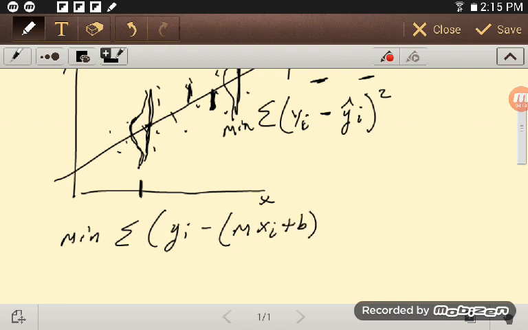Well, the xi is fixed, so it's actually m and b. You'd sum this, say i equals 1 to n for your n data. So really this is a function of two variables, m and b, and you could take partial derivatives, set them equal to 0, and solve for m and b. There are actually a little bit better ways to do this.